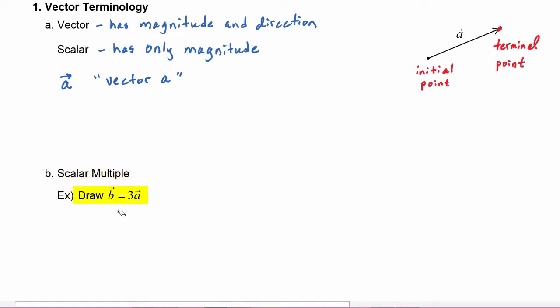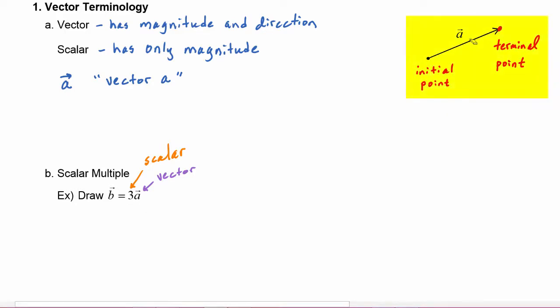So when we look at this example and we are being asked to draw vector B, which is equal to 3 times vector A, this 3 is a scalar, where A is vector A, so that is a vector. So to do a scalar multiple of vector A, where we're doing 3 times vector A, means we're going to go in the direction and magnitude of vector A 3 times.